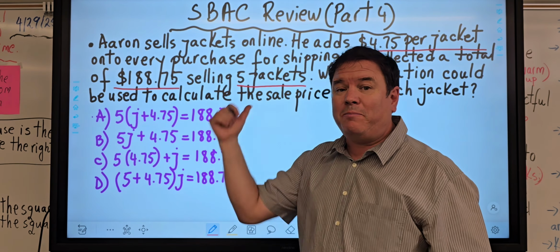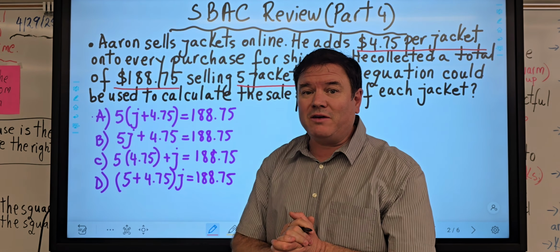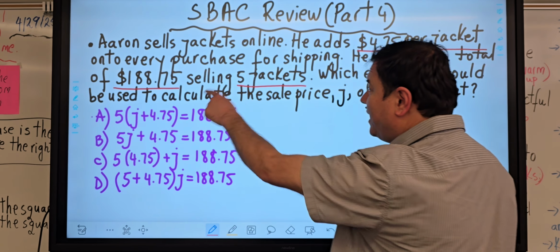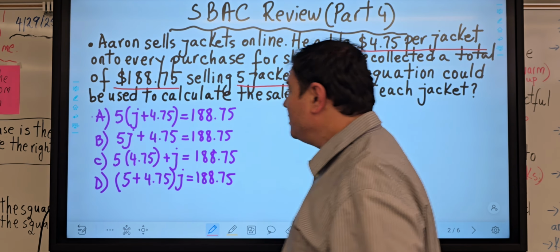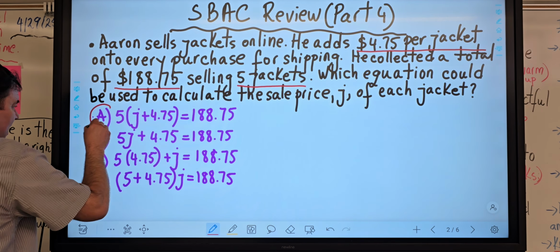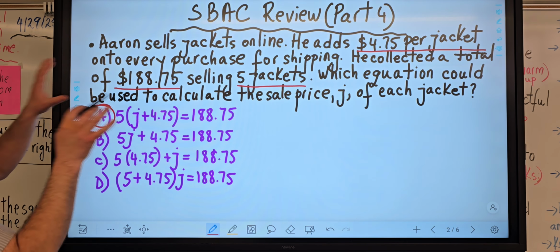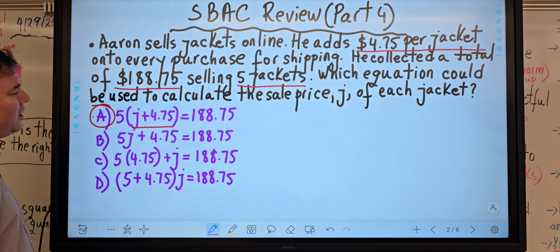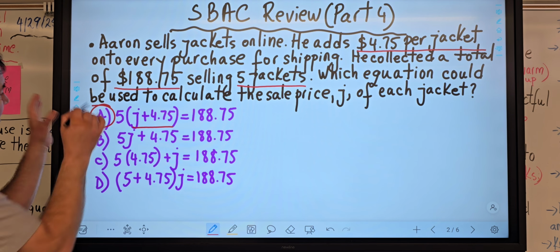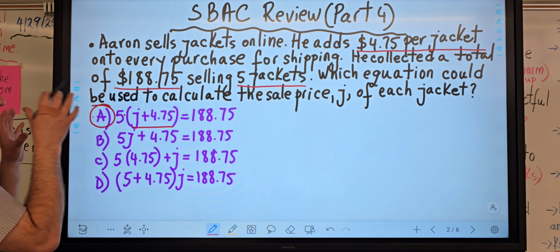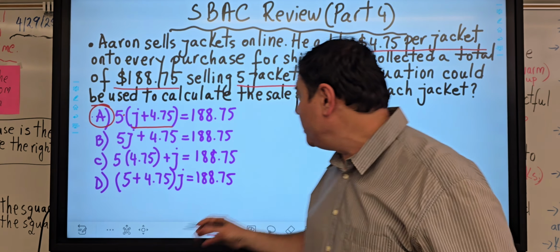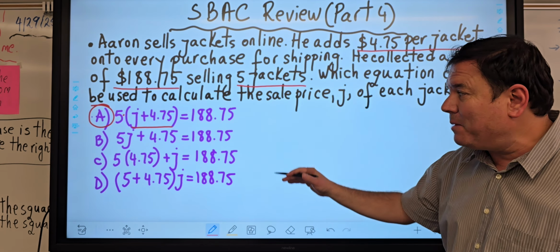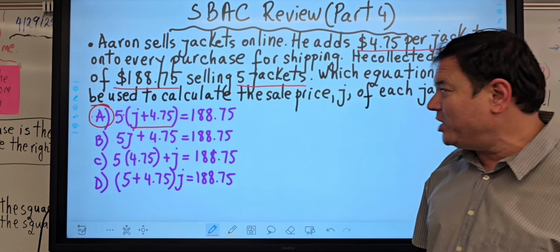Because for each jacket he pays an additional 4.75, but he has 5 jackets for a total of 188.75. So answer A is the only answer that satisfies that information, because here we have J plus 4.75 times 5 jackets, because he's selling 5 jackets, and then for a total equals 188.75.